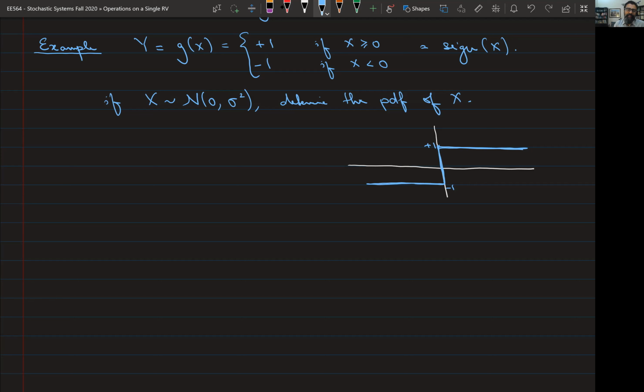But we should not go there. The answer to this is much simpler than the application of that formula. Right? So the point I want to make here is that be mindful of when you can apply that formula and when you can do some simple tricks to come up with an answer in a much simpler fashion.